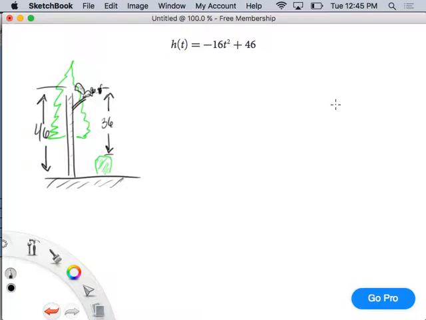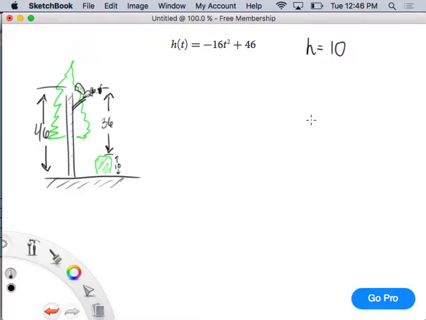Why is it 10? Yeah. 46 minus 36. That bush is 10 feet tall. Very good. Bush is 10 feet tall. So I know that when it falls, when it hits that bush, h will be equal to 10, right?